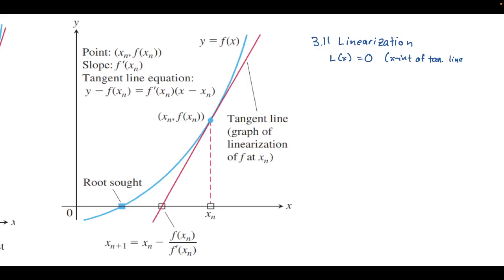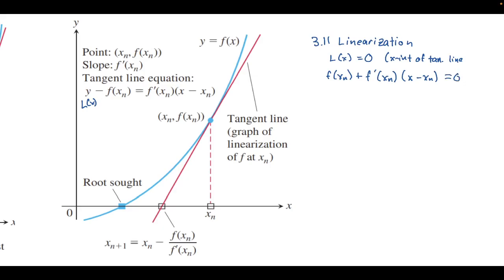So what would that be? You could actually see it right over here. Again, if we solve this for y, this is the linearization. So again, this is L of x, and what we get is f of x sub n, and then when you add that, it's added with f prime of x sub n times x minus x sub n, and that is still equal to 0.